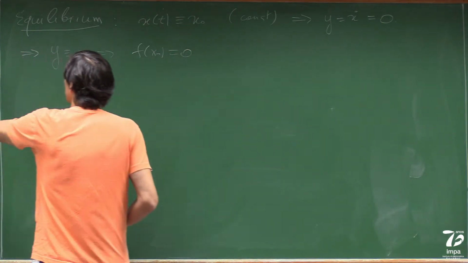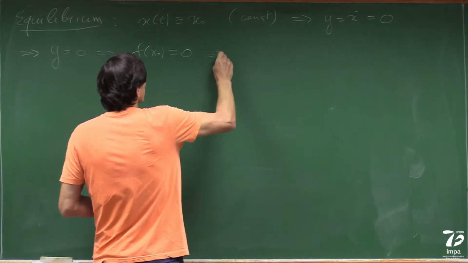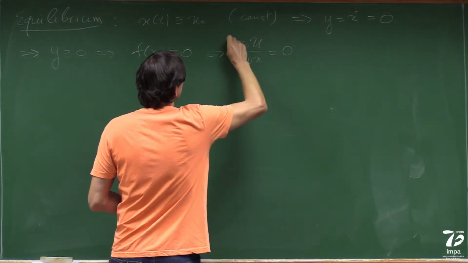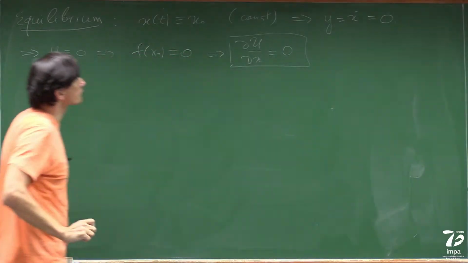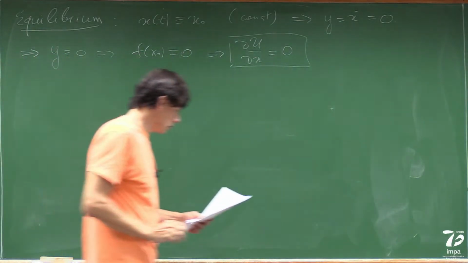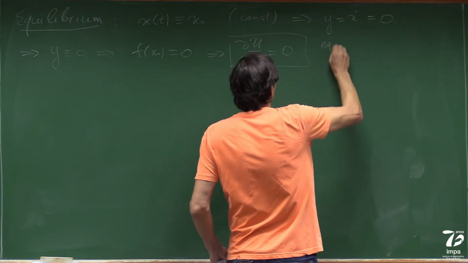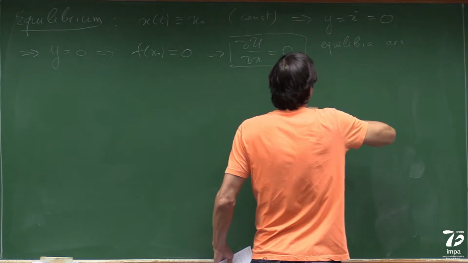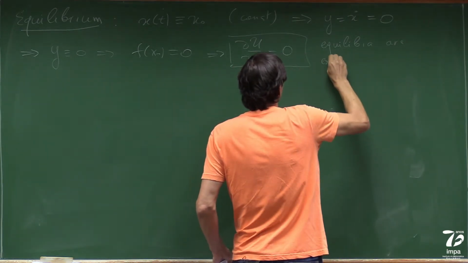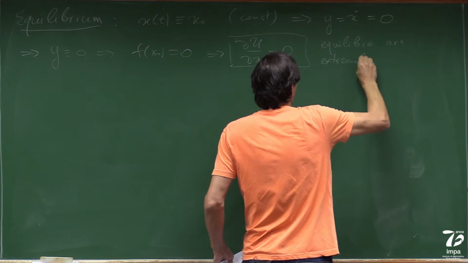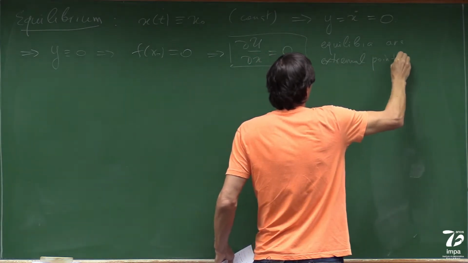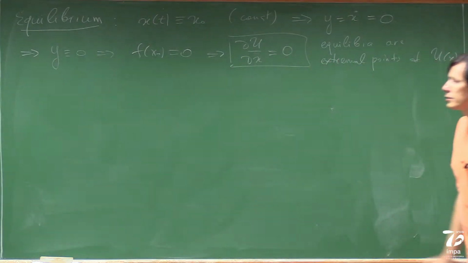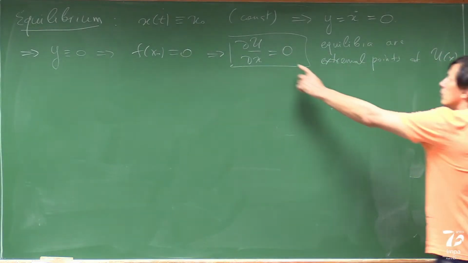Now remember that f is the derivative of the potential, which means that the potential derivative is 0. And this is already important. So all equilibria are extremal points of the potential. Equilibrium is whatever point of u where the derivative is 0.